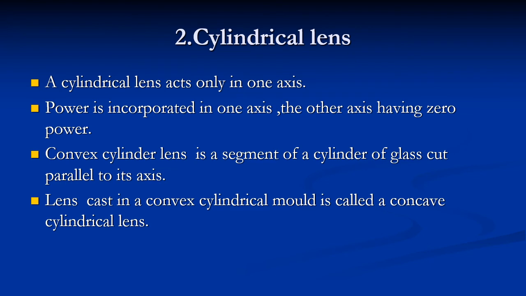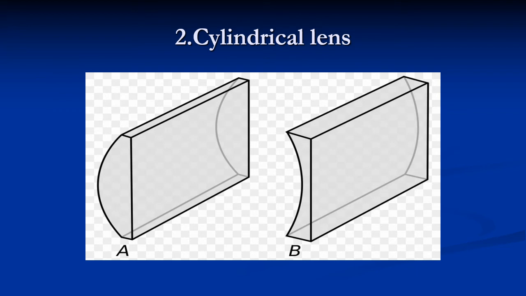What is a cylindrical lens? A cylindrical lens acts only in one axis. Power is incorporated in one axis, the other axis having zero power. A convex cylinder is a segment of a cylinder of glass cut parallel to its axis. A lens cast in a convex cylindrical mold is called a concave cylindrical lens. These are the pictures.